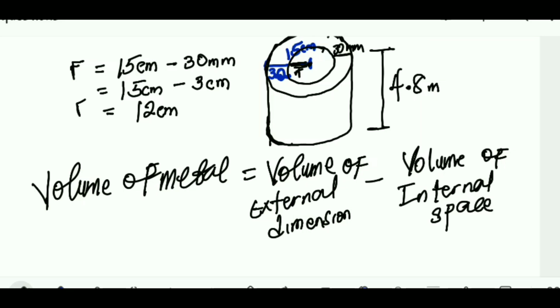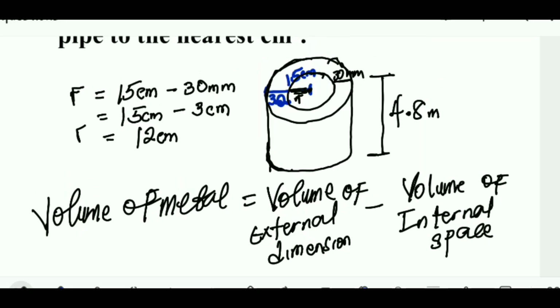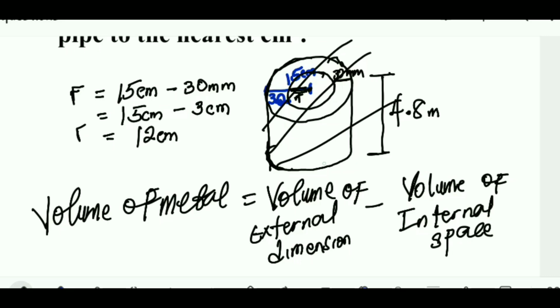A pipe is a classical example of a hollow object, and so it has space inside of it. So to find the volume of the matter itself, it is the volume of the entire shape minus the volume of that space that is inside, because the entire shape has captured everything, the thickness, the matter, plus what you have inside. So for you to find the volume of the matter itself, take the volume of the entire shape minus the volume of the internal space.